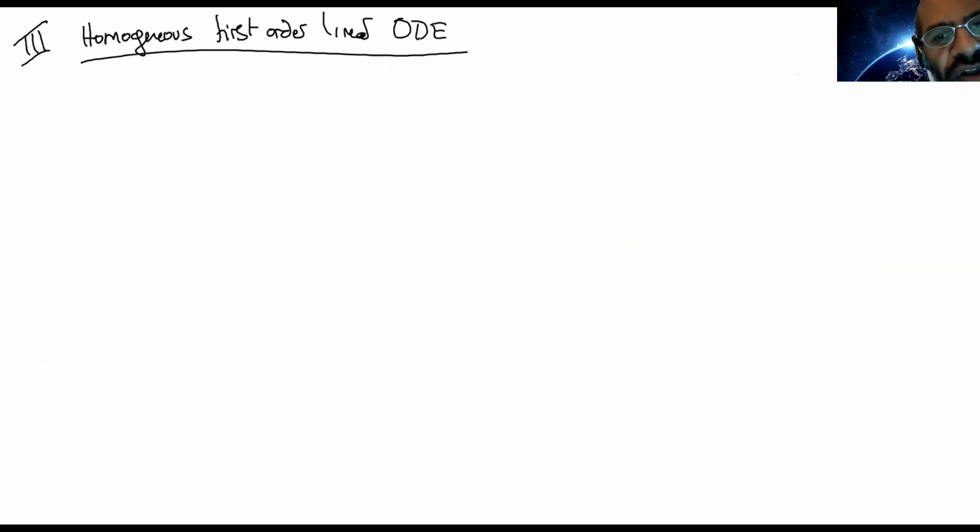So this is a lot of jargon which you need to know to somehow navigate this area. Homogeneous means the right-hand side is 0. Homogeneous will become clear in a moment. First order means only one derivative. Linear means it's linear in the function y of t.